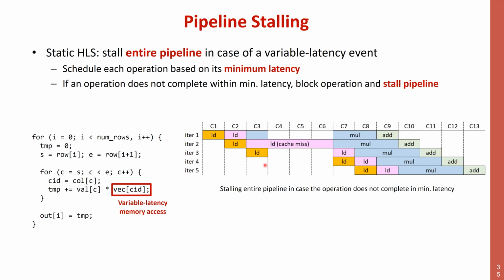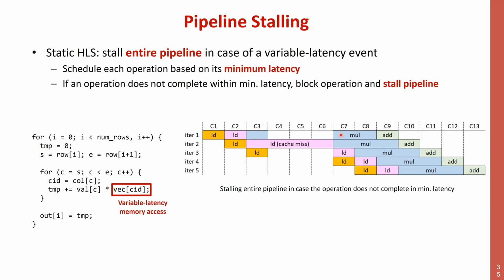What I do is that I disable everything in my machine until I receive the information that finally the result has come back, and then I continue whatever I was doing. I continue my schedule for iteration 3, for instance, but I also reactivate the internal pipeline of the multiplier that I had stopped.